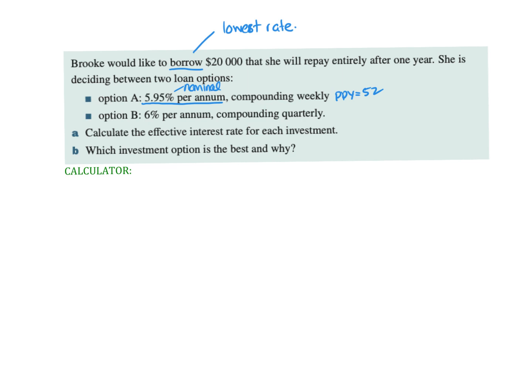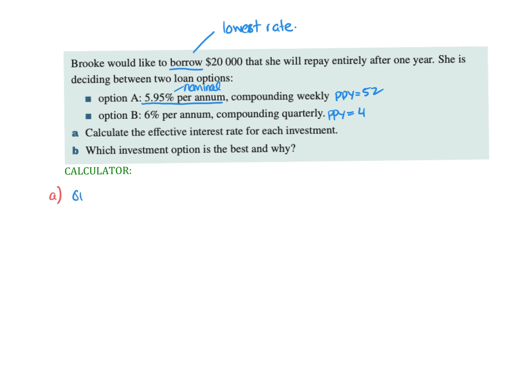Sometimes it's really hard to see at one glance which one would be better. If you find the effective interest rate for this, you will know. You can compare the effective interest rate, and whichever one is lower is the one she should go for. So let's have a look. Part A says to find the effective interest rate for these two options.